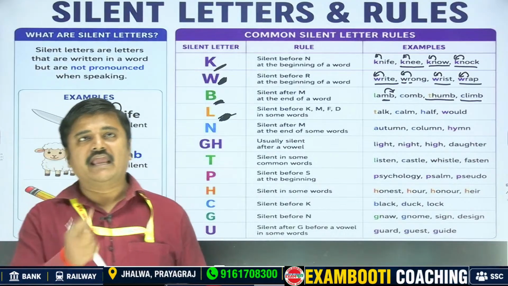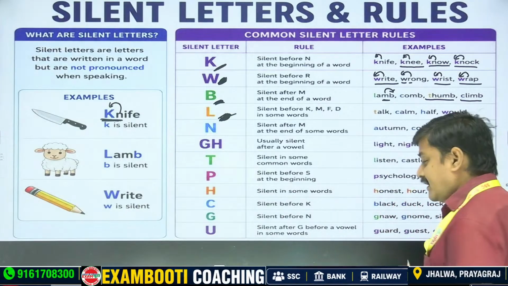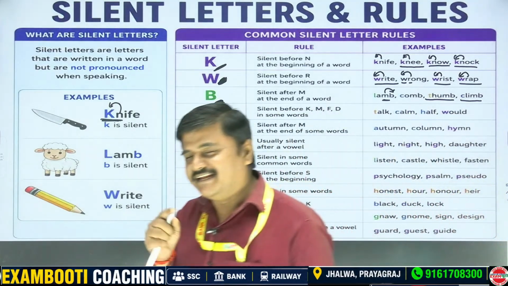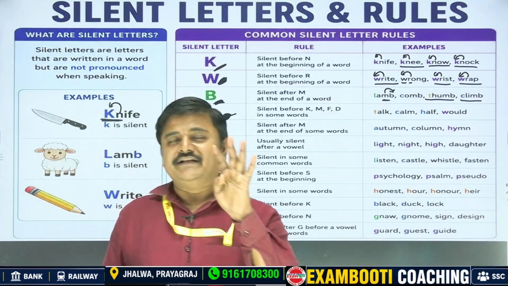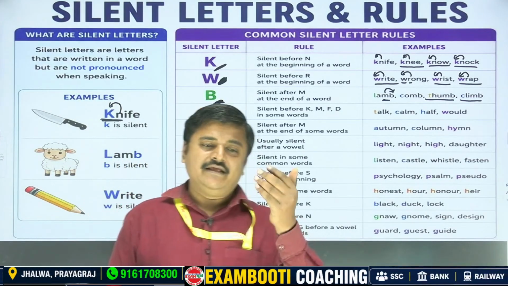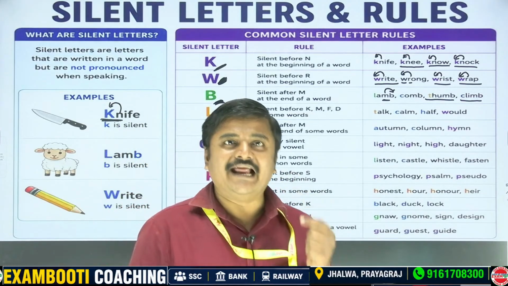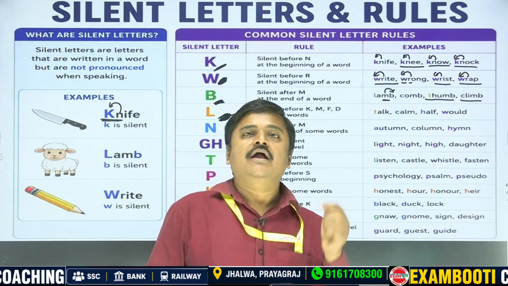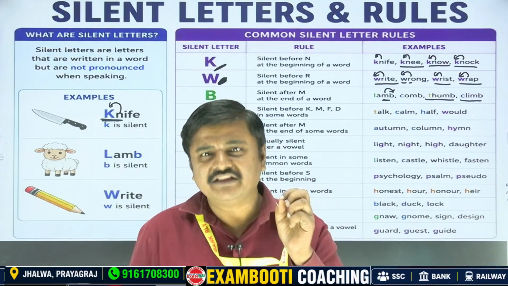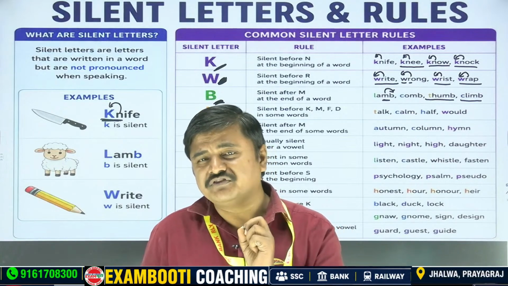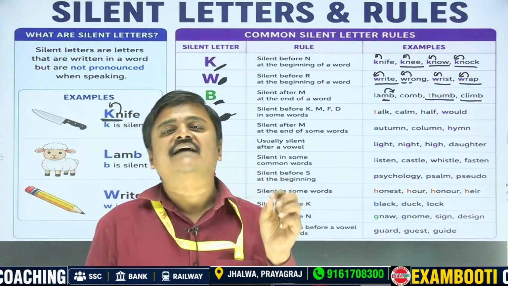L before K, M, F, D. That's right, K, M, F, D. Four letters. If you see L before these four letters, you should have a clear picture in your mind of the pronunciation of the word, in which L is going to be silent.